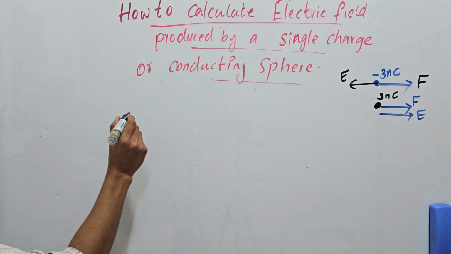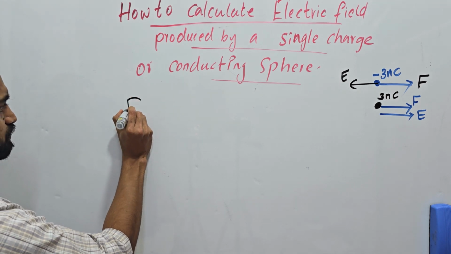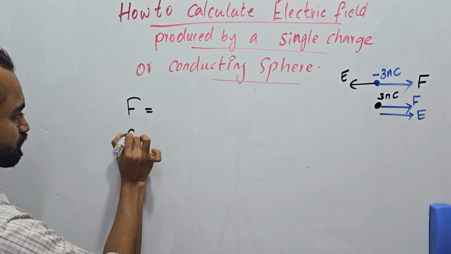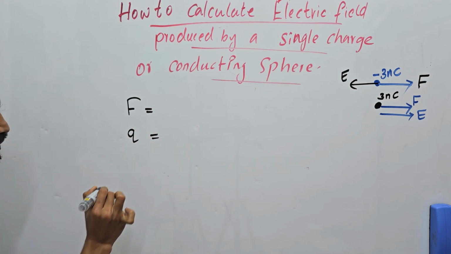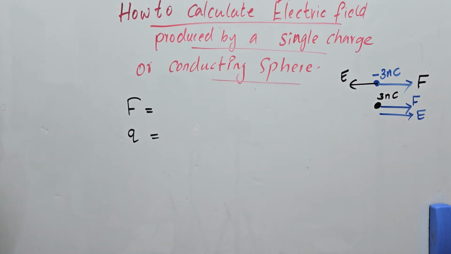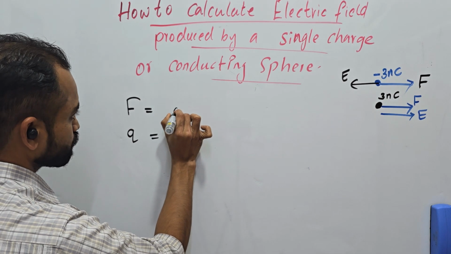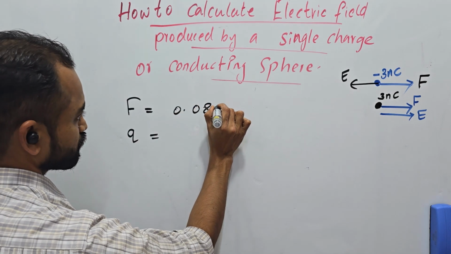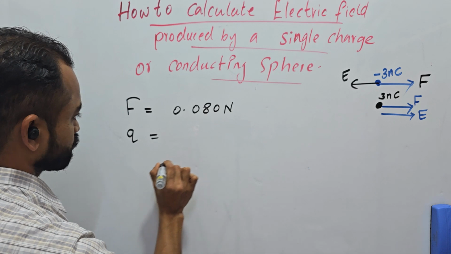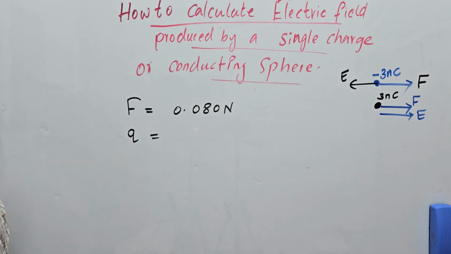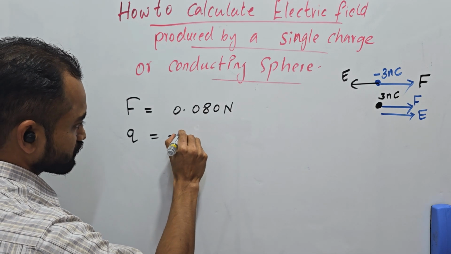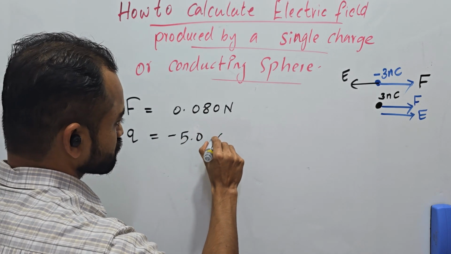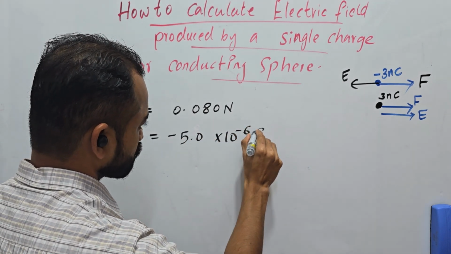Same as before. What is given? The difference is only that the diagram is given, and force and test charge are given. How much is the force? 0.08 Newton or 0.080 Newton. And how much is the test charge? The test charge is negative, minus 5.0 times 10 to the power minus 6 coulomb.